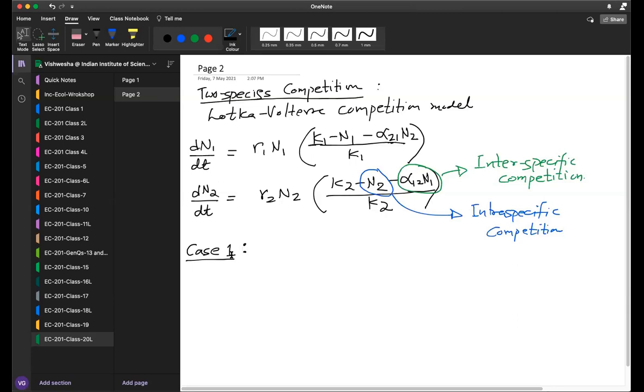And interspecific is taken as alpha 2,1. Does that make sense? I could have written another coefficient, but as you know from dimensional analysis, you can always reduce one parameter whenever there are two comparable parameters of the same units. That's the basic idea here.